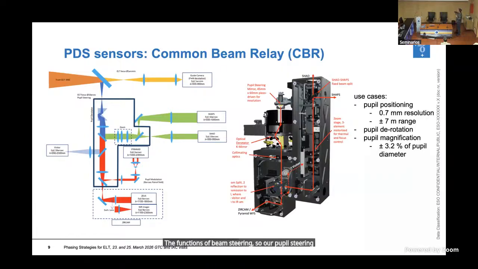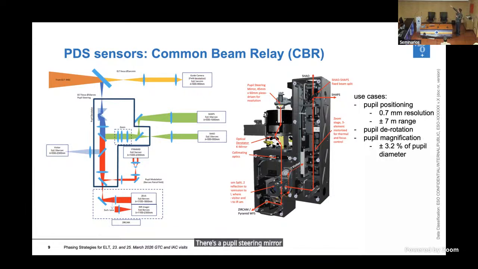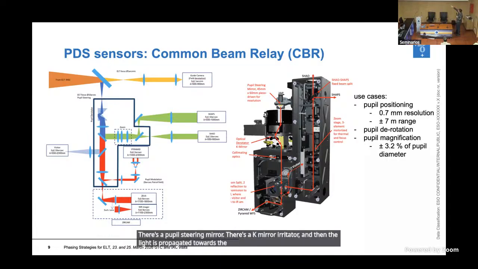If you go on the left diagram, the light enters here from the right. It's directed by this pickup mirror into the highlighted box. There's a pupil steering mirror, there's a K mirror pupil derotator, and then the light is propagated towards the Shaps assembly, which is on the right, going through a zoom.